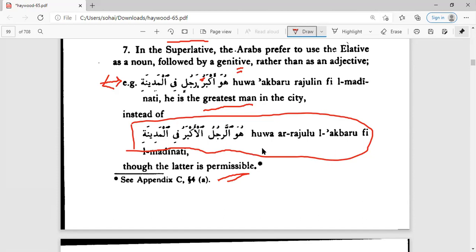Yes, same meaning, correct. We just write the first sentence if we are asked for the superlative.